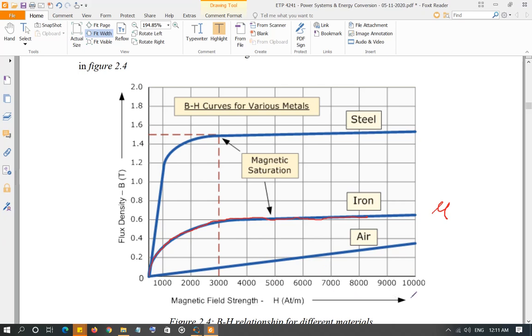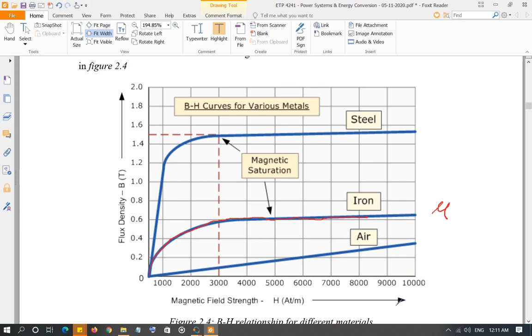Why? Very simple reason, as we're going to study soon: any substance has dipoles, and if it is not magnetized, all the dipoles are in random directions, so there is no magnetism in that material. Once you start applying current or magnetic field strength to align those dipoles, they start aligning in the direction of North Pole and South Pole, and as the alignment increases, it becomes more magnetized.